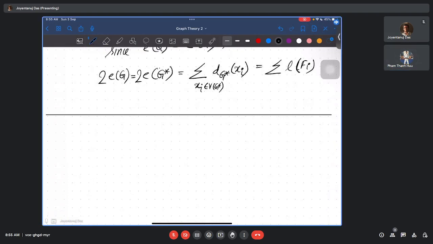So next, the natural question is what about coloring? Coloring of the dual graph, can we say something?